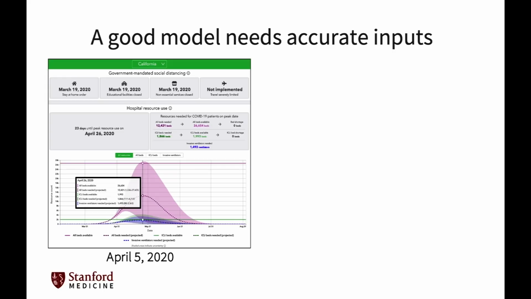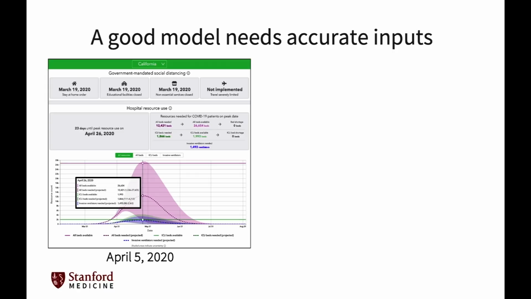You'll see that the peak is around April 26, with a median estimated bed capacity need of about 12,000 beds and a range of 1,500 to 27,500. The way this model works is that first it projects the estimated deaths that might happen in a region, and from that back calculates the number of beds and other resources that might be needed if that were to happen. And as you can see, it gives a pretty grim estimate for California.